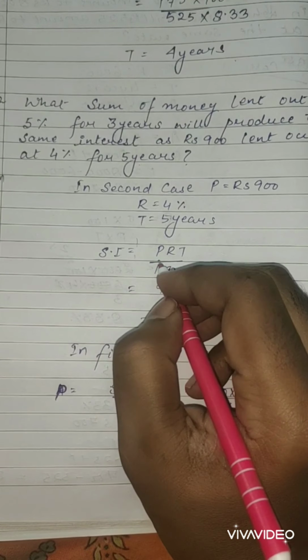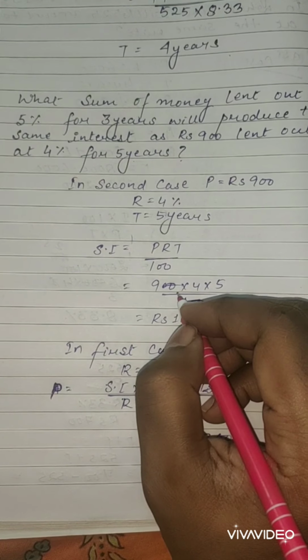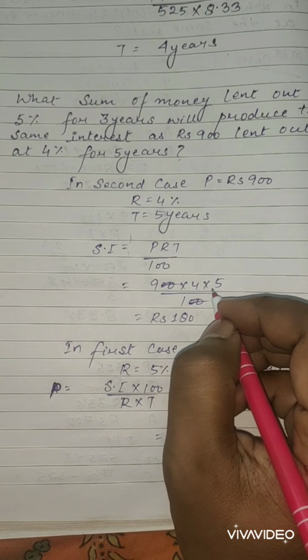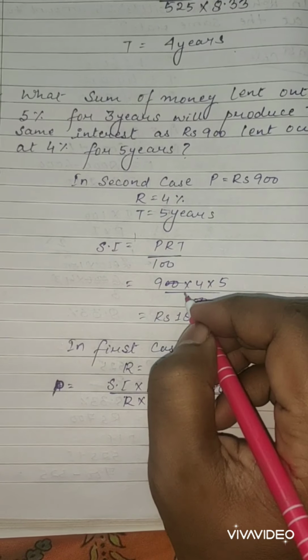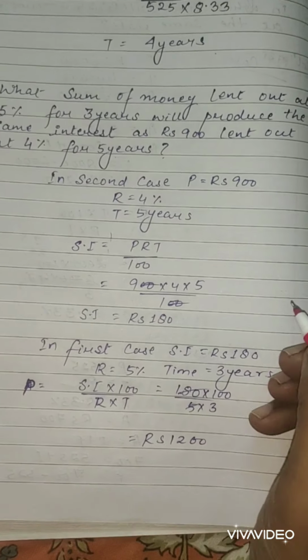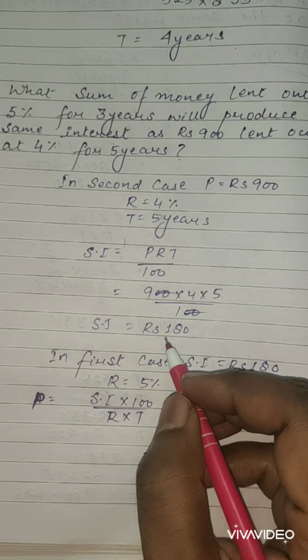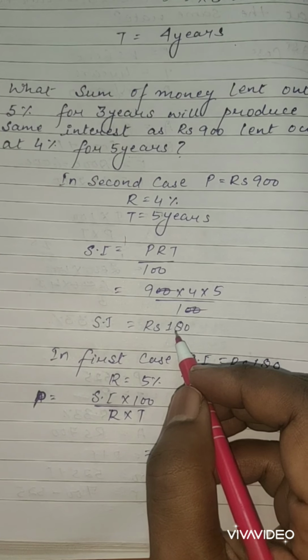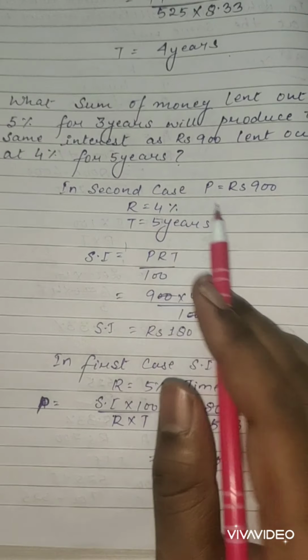So simple interest is equal to PRT upon 100. So it is 900 into 4 into 5 upon 100. These zeros will be cut. You will get the simple interest as rupees 180. Now the simple interest of the second case will be the simple interest of the first case, because it is saying so in the question.